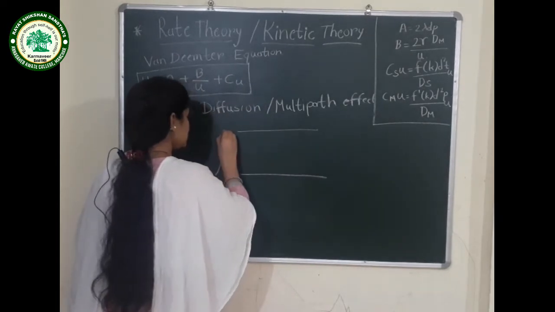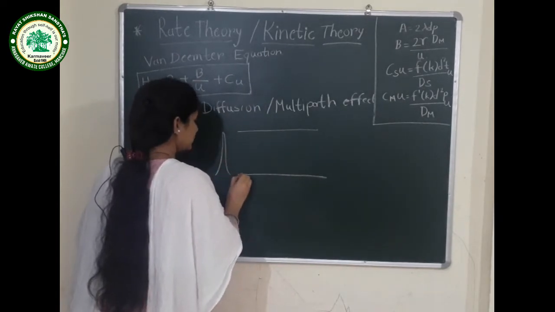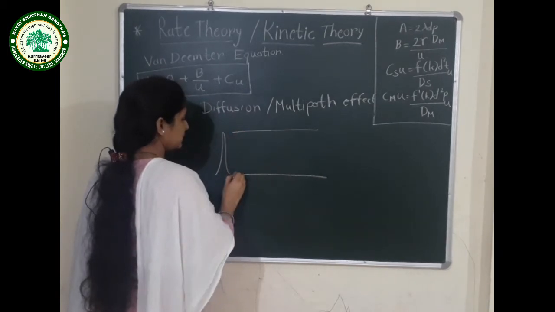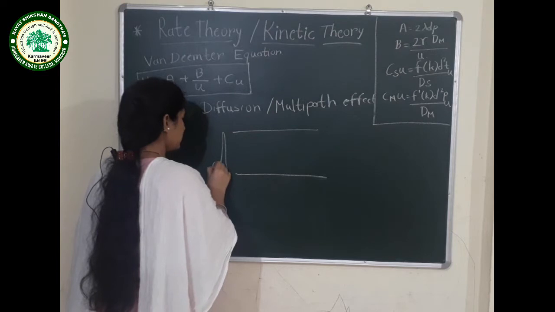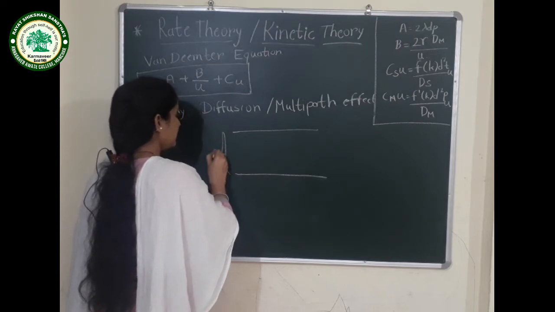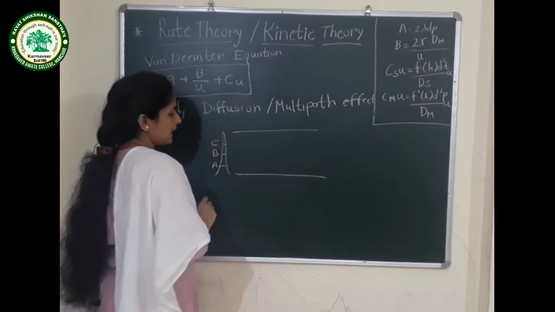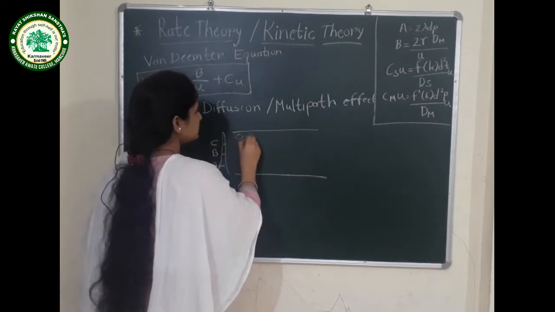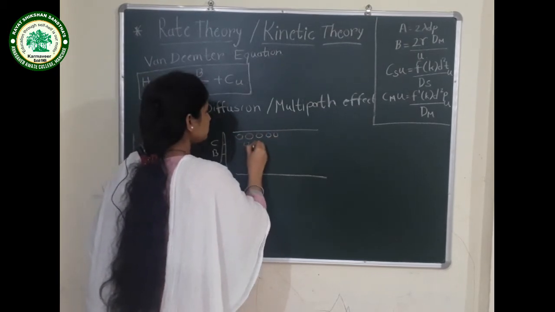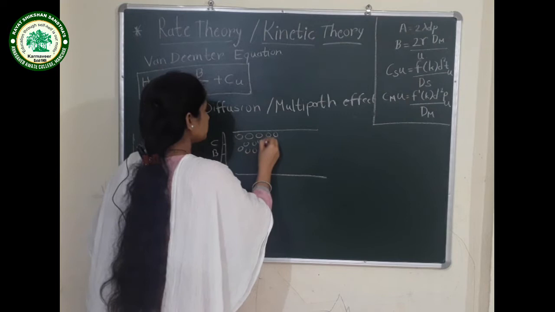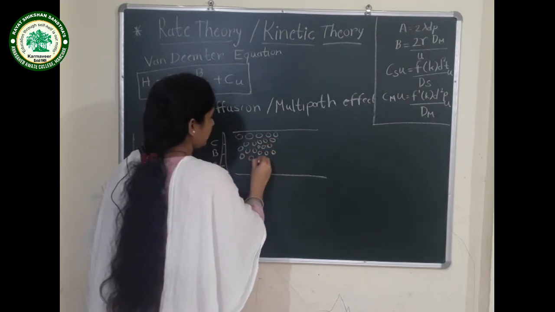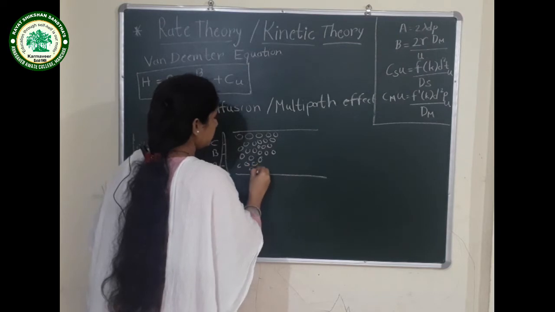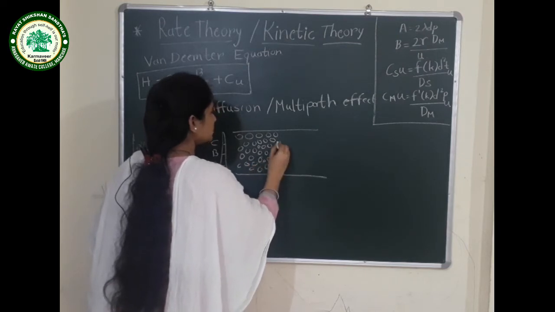If this narrower peak is the injection peak when we apply the sample, and there are three components A, B and C, we are mixing those three components. This is the stationary phase, in which molecules are there. This is the packing of the stationary phase.